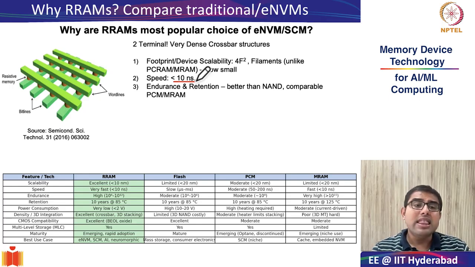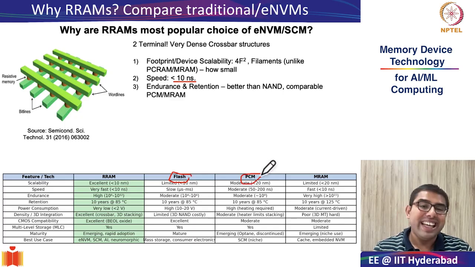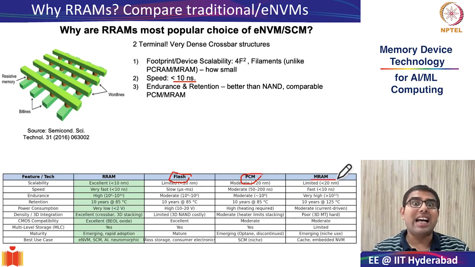Remember, this is much better than your flash, and also much better than your PCRAMs, where you need hundreds of nanoseconds during the set cycle. However, it is still not as fast as MRAMs, but MRAMs have some other issues that we will discuss very soon.